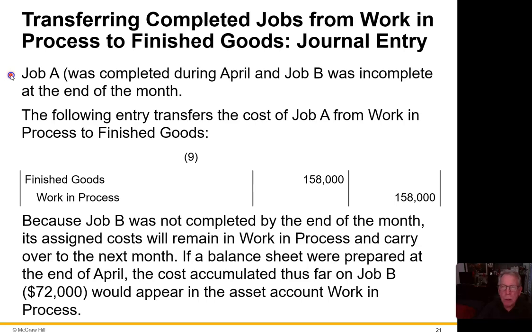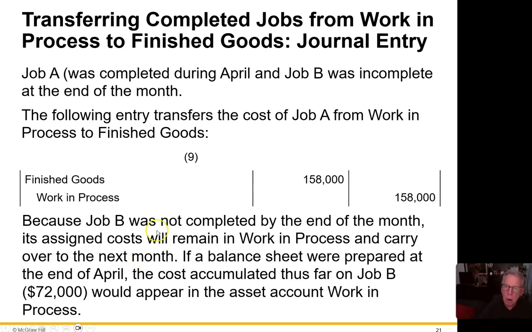Job Alpha was completed during April, but Job Bravo was not. So the following entry transfers the cost of Job Alpha from work in process to finished goods. And we will increase finished goods inventory and decrease work in process inventory.